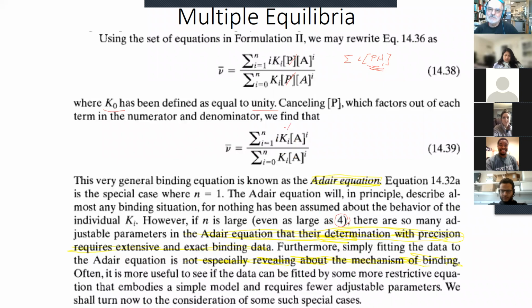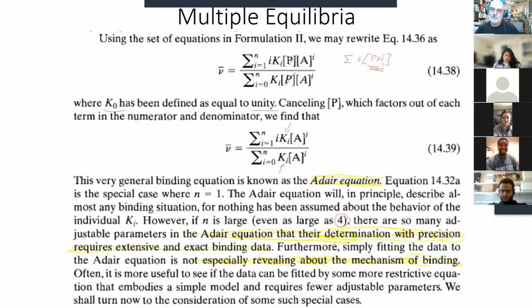There's no limitation on what K can be. The K1, the K2, the K3, the K4 in that particular case could be anything that they need to be. We're not saying anything about restricting them yet. And so generally speaking, you would have 4 binding sites or n binding sites, and this general equation would give you the shape of what the curve looks like.